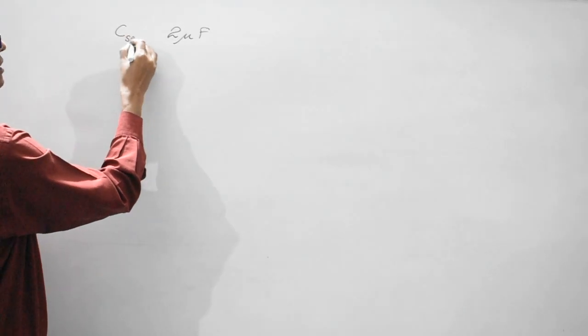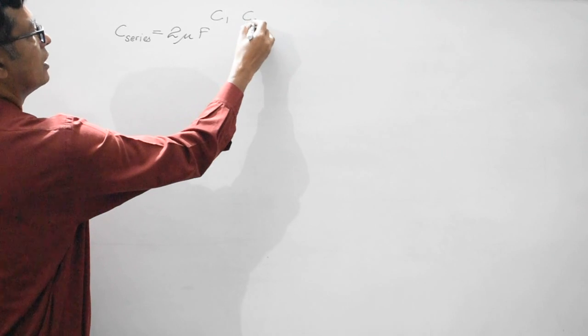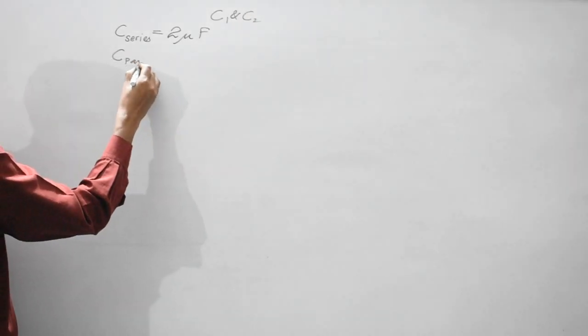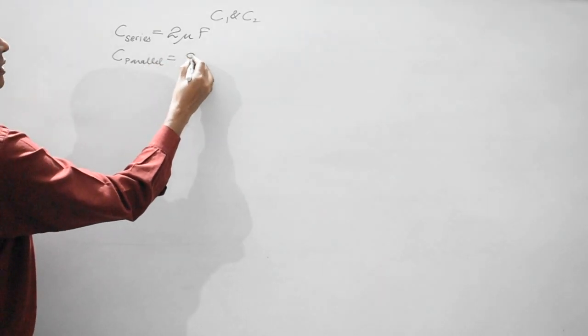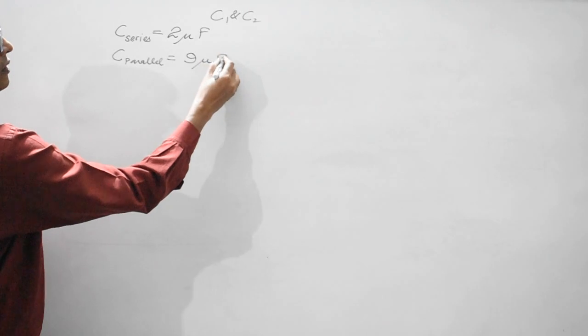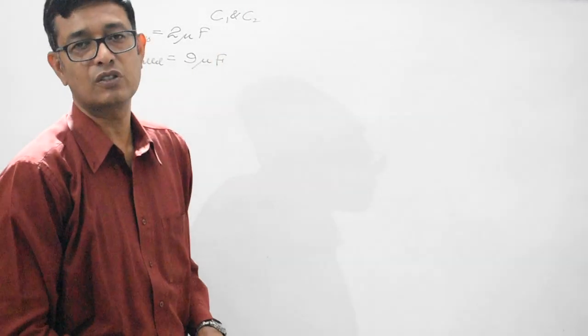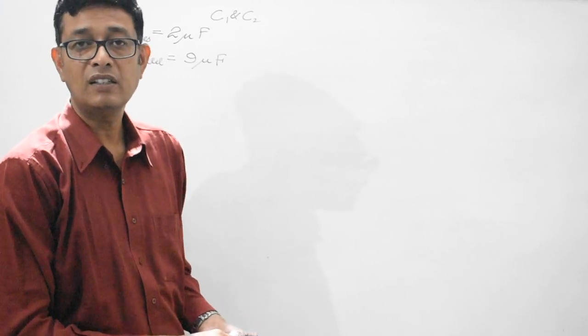And the same two capacitors C1 and C2, when connected in parallel, suppose their resultant is 9 microfarad. What are the values of the capacitances of the individual capacitors? What are the values of C1 and C2?